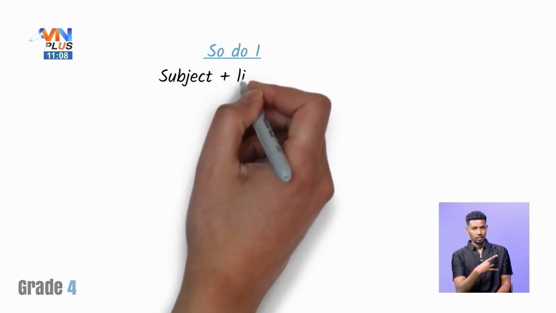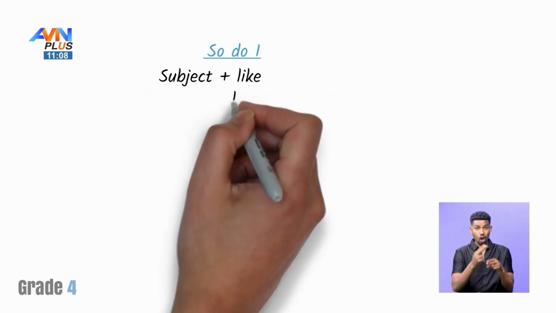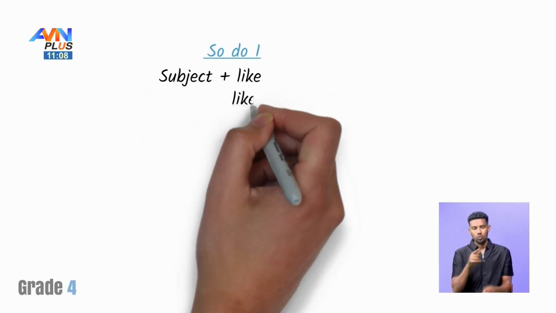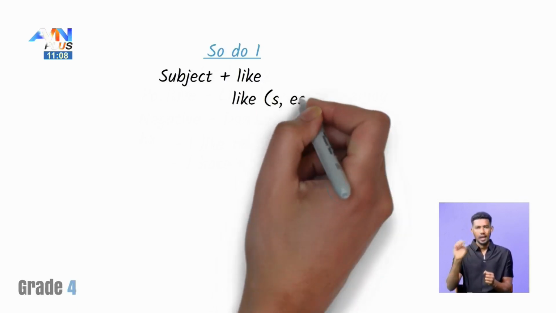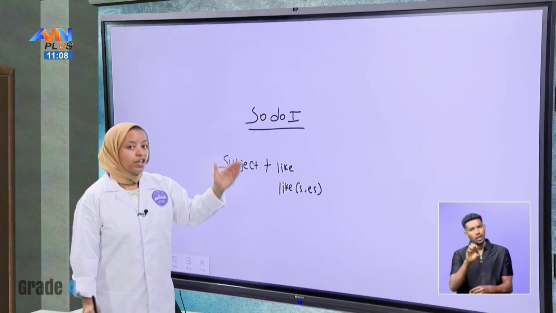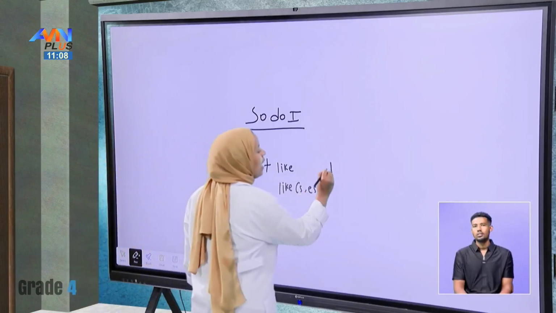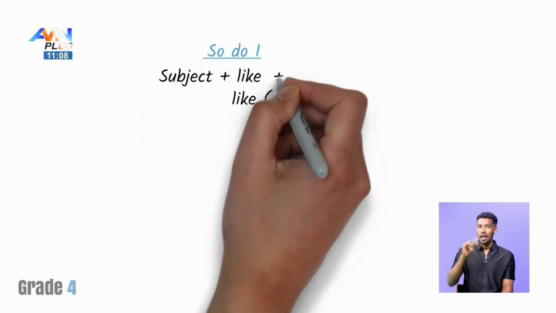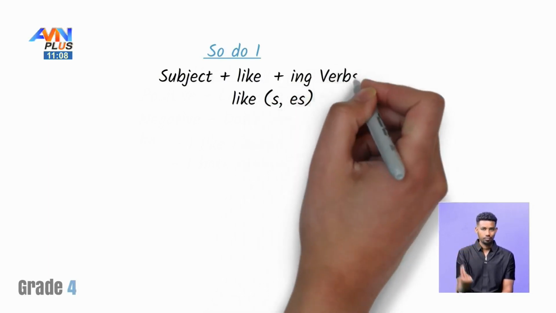If it is a singular pronoun or subject, you can use S or ES. Next, students, here: like with S or ES for subjects that are singular. And here, ING verbs.